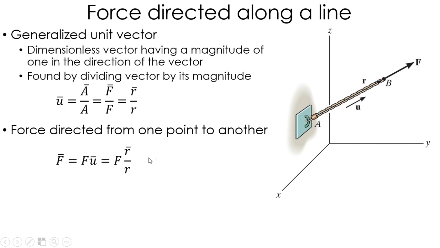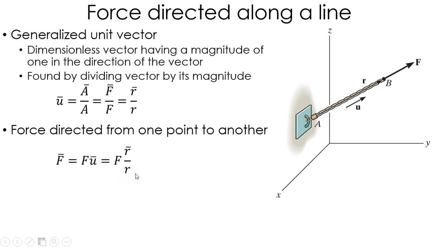Now, I substitute in what I know about my unit vector: it's just the position vector divided by its magnitude, which is generally easier to find. I can measure the length of this cable, its position. I can find its position vector. I take its position vector divided by its length or its magnitude. That will give me the unit vector.